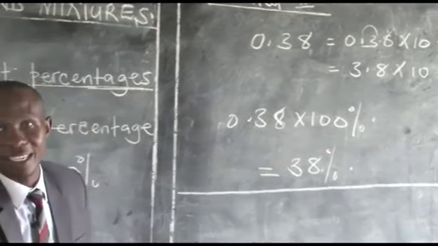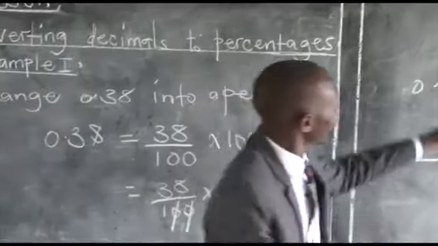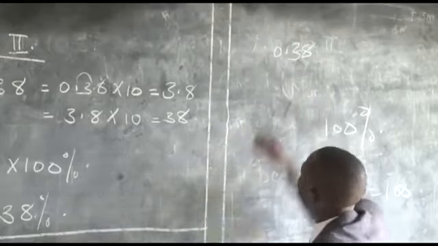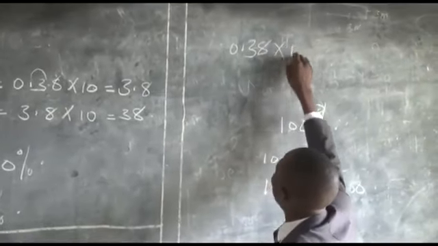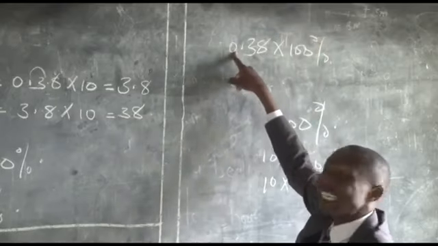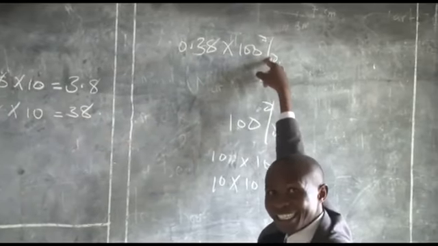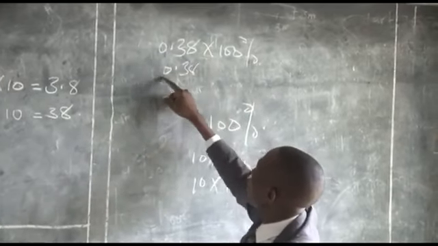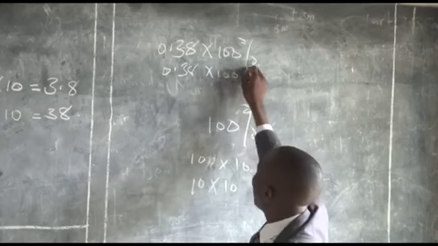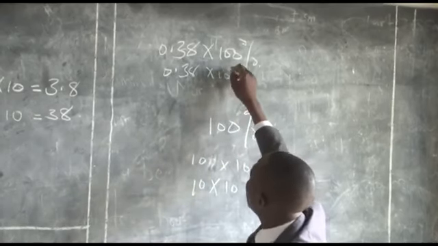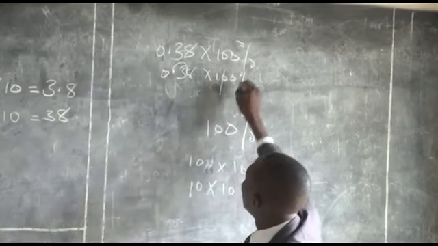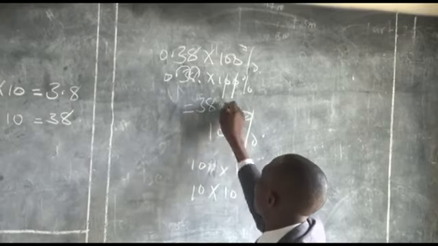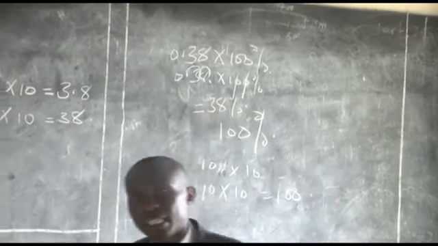That's the second method. In simple terms, what am I meaning? On the second method, just get your number just as it is, and multiply it by 100% because you are changing a decimal to a percentage. After doing this, 0.38 times 100%, this 0 will shift this decimal point here, so we shall come up with 38%.